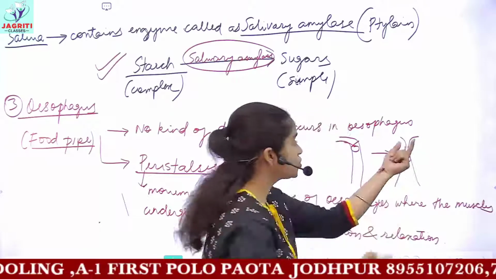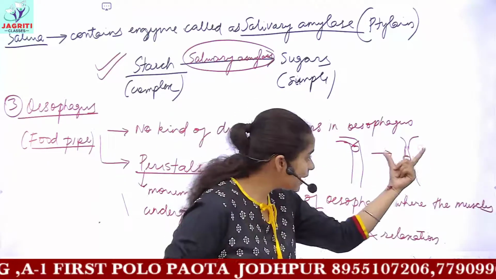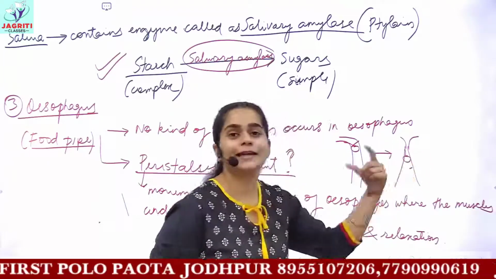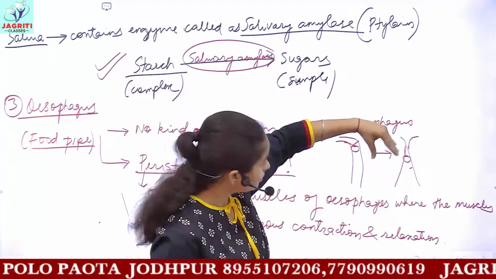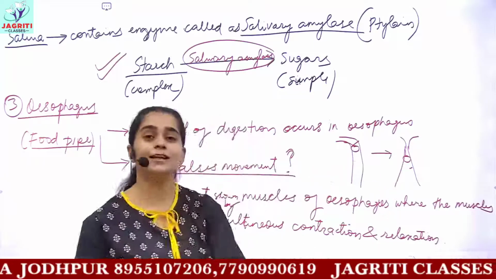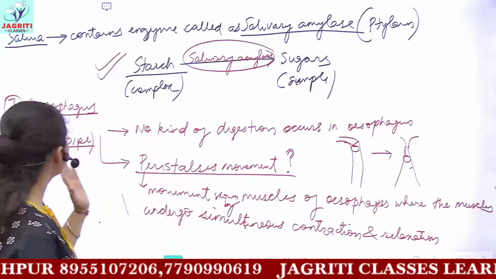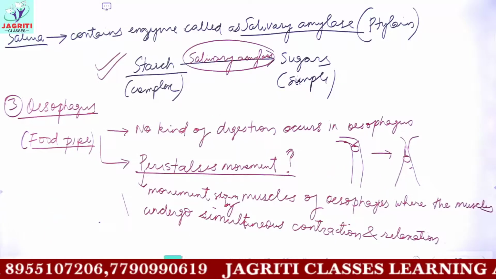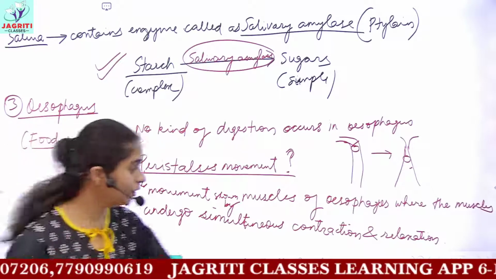Then the contracted region expands again and the lower region contracts. In this way, because of repeated contraction and relaxation, your food particle moves down. So this is the function of the third part of the alimentary canal, the esophagus or food pipe.